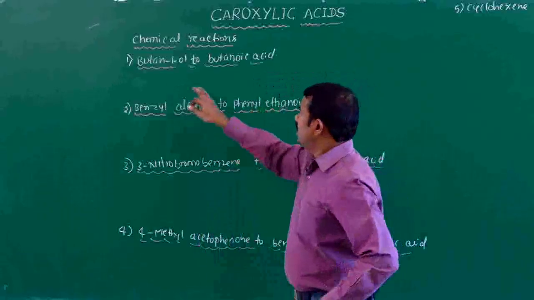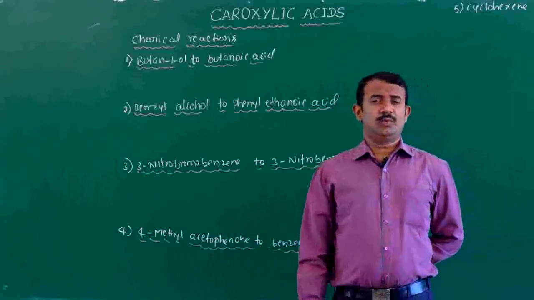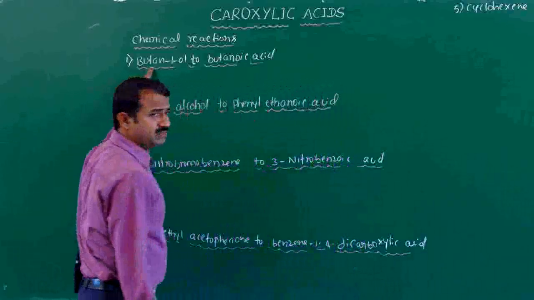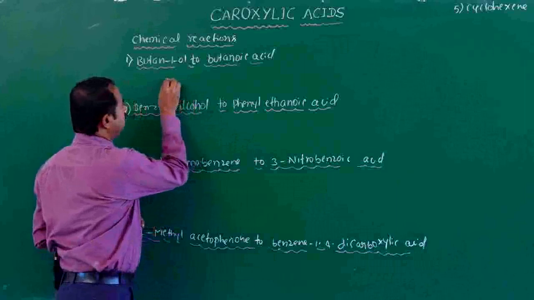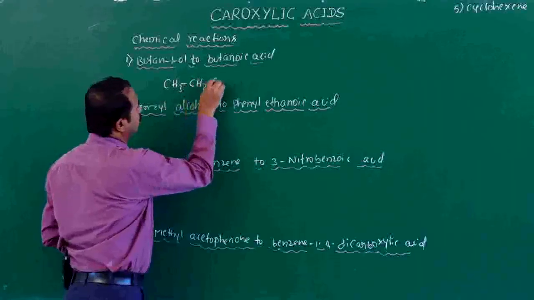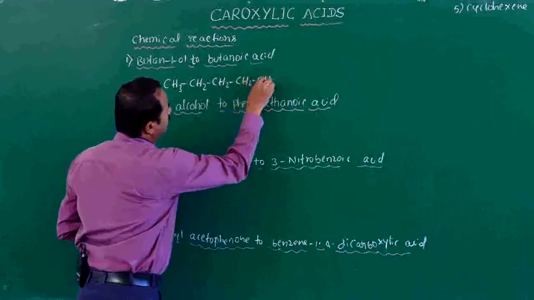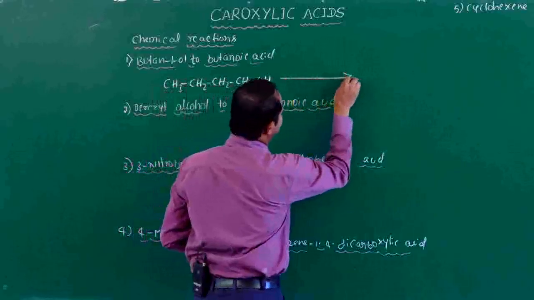Here butanol is converted to butanoic acid. Butanol has how many carbons? 4 carbons. Butanol is oxidized with Jones reagent.